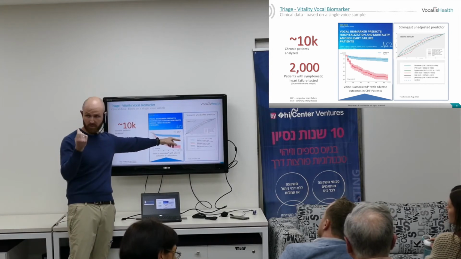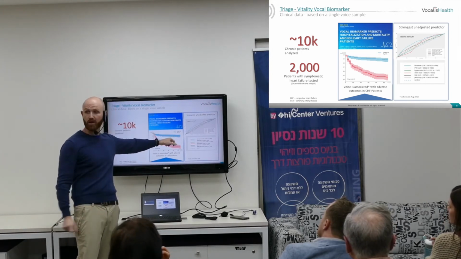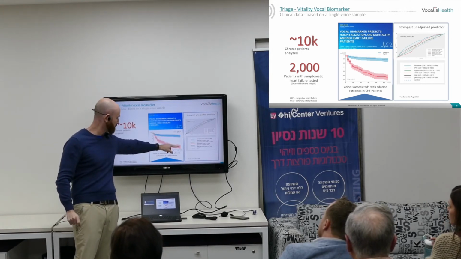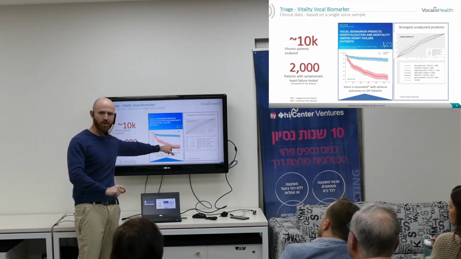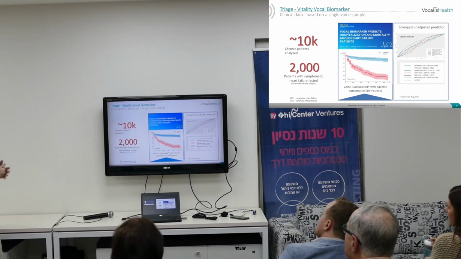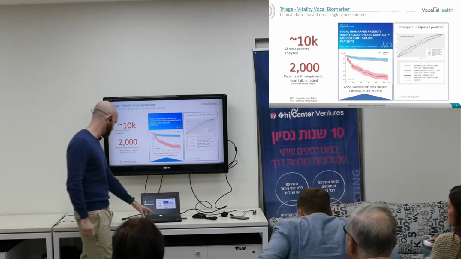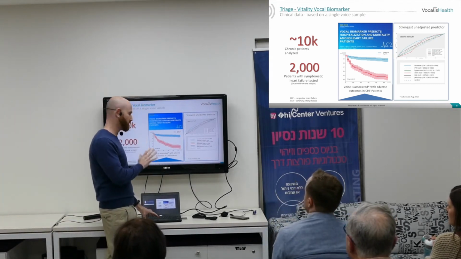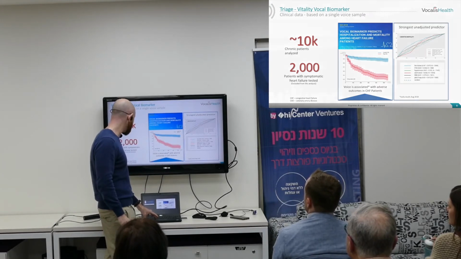If somebody falls in the top 10th percentile, probably he'll be fine. But if he falls in the lowest 10th percentile, his chances of hospitalization are much higher. But this I would not touch in this presentation today.